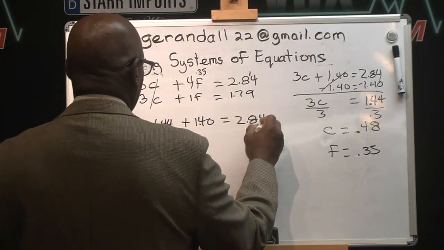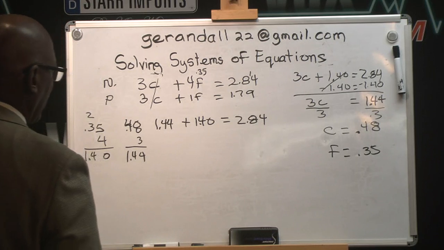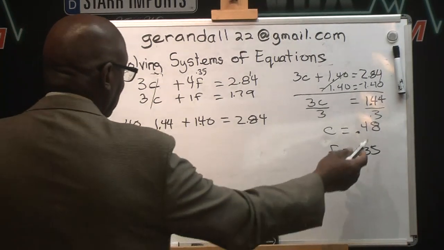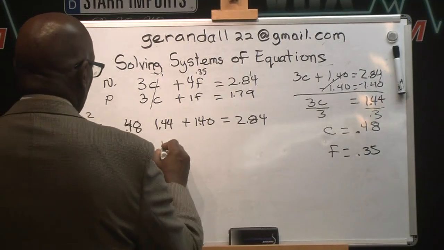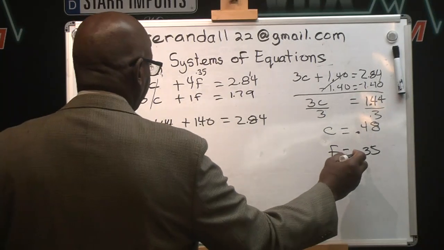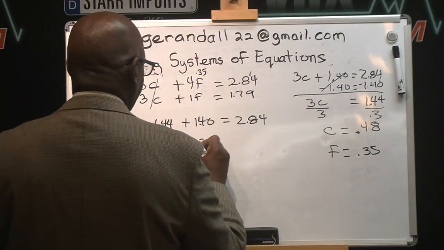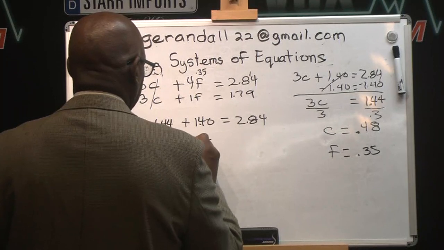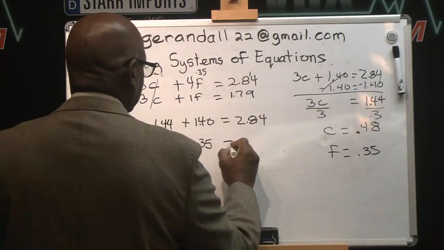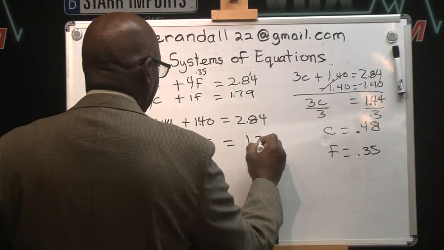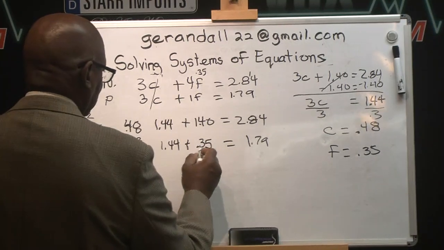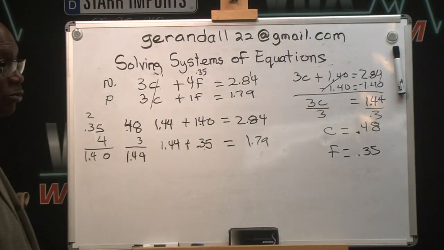That's one true statement. Okay? We already know 3 times 48 is 144. And only one fruit roll-up, 35. And when you add these together, that equals 179. You got 2 true statements.